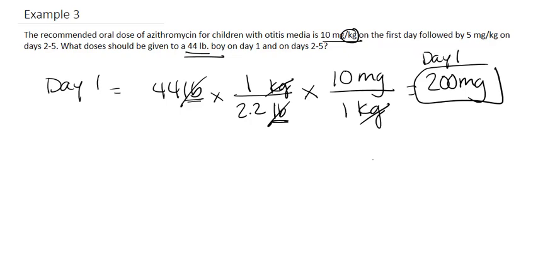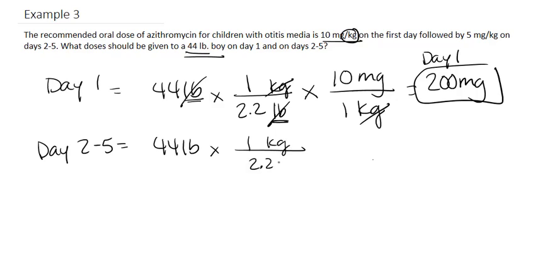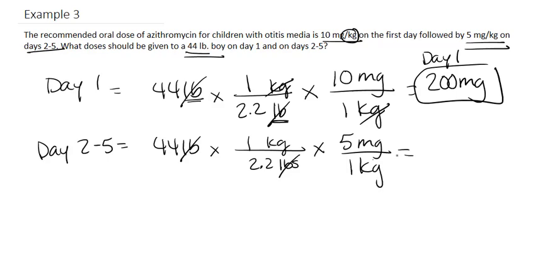But we need to know what days 2 through 5 are. So we start out with the same weight, 44 pounds. We do the same first step of 1 kilogram per 2.2 pounds, so we get rid of the pounds. And then the last thing is, on days 2 through 5, we use 5 milligrams per 1 kilogram.